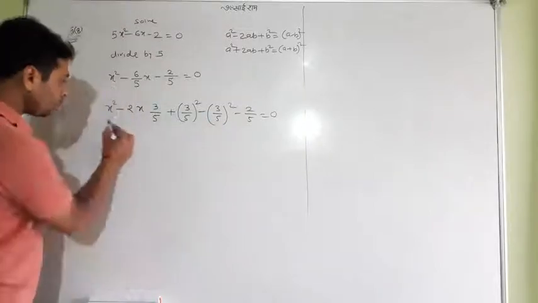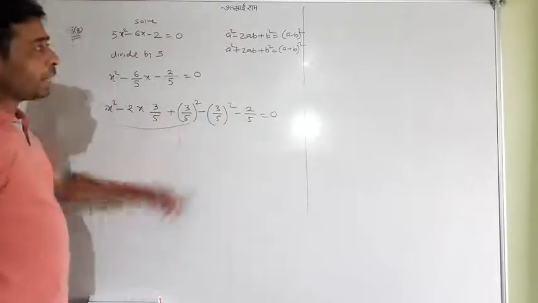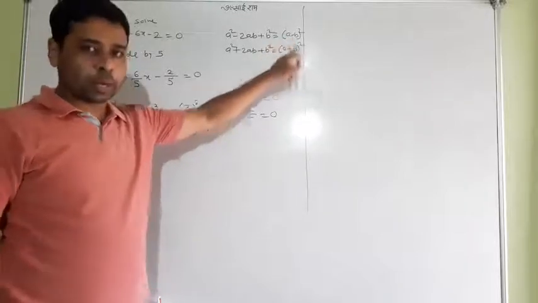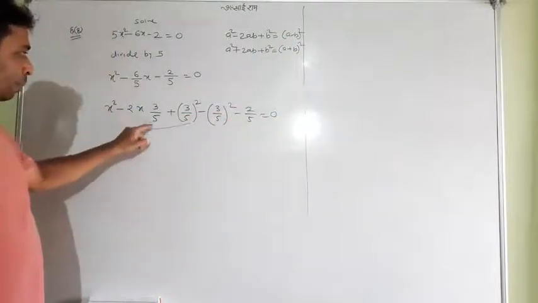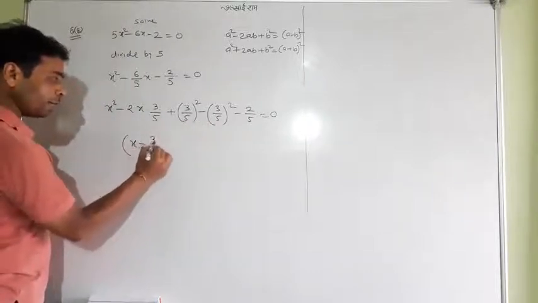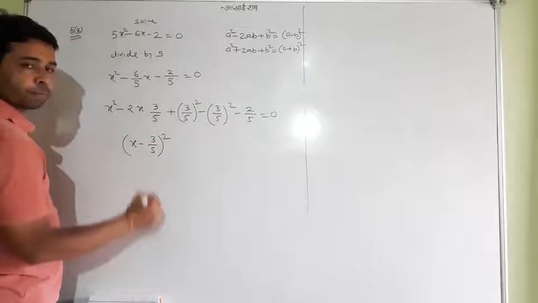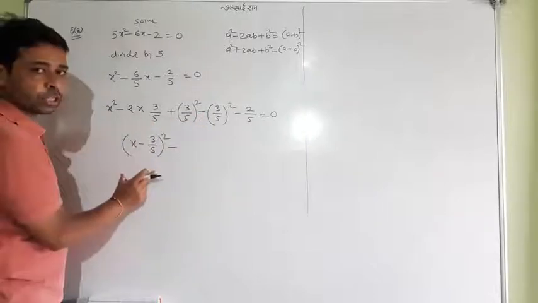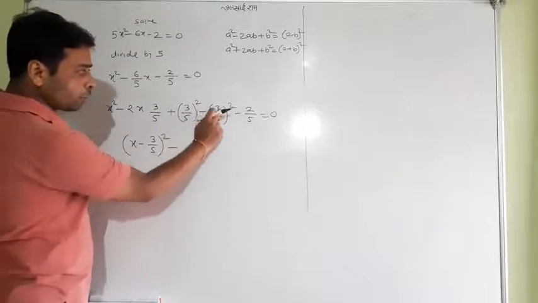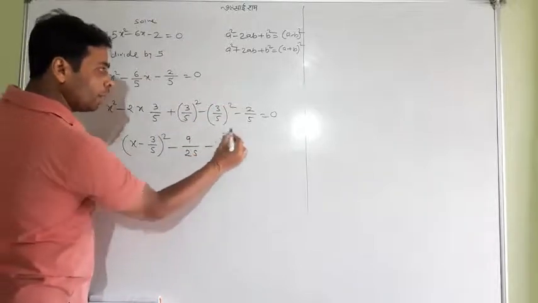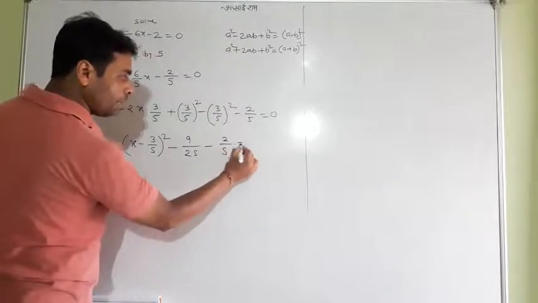Now these three terms, a square minus 2ab plus b square, according to the formula will be written as a minus b whole square. And this minus is the last term, after the first three terms changed like that. Now 3 square is 9, 5 square is 25, minus 2 by 5 is equal to 0.